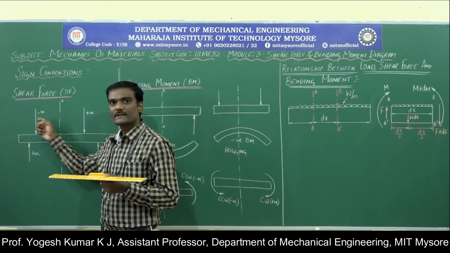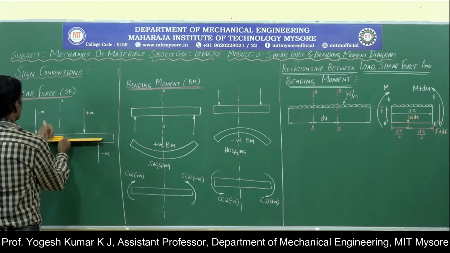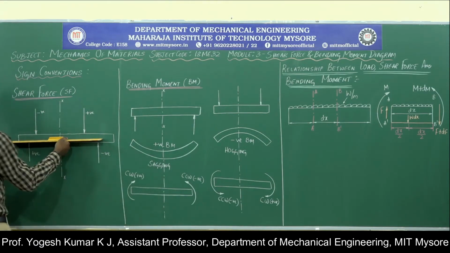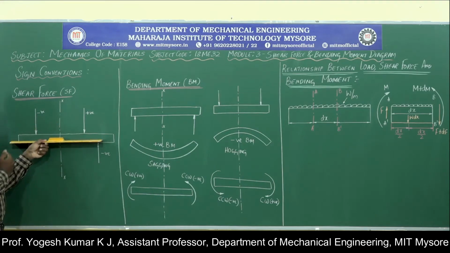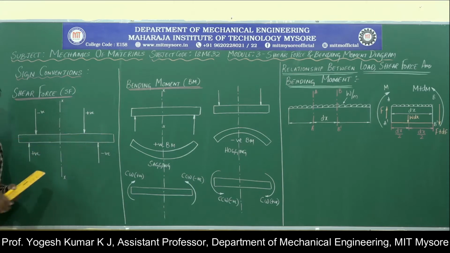The forces acting towards the left side of the section, if they are acting downwards, then we treat those forces as negative value. And if the forces acting towards the left side of the section of a beam are acting upwards, then we call it a positive value.